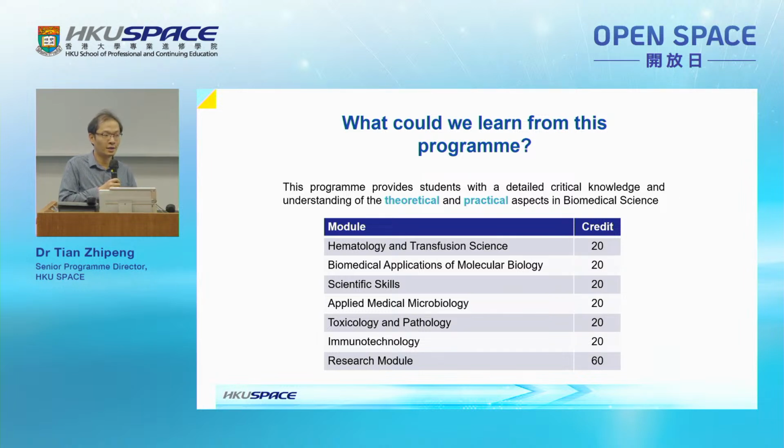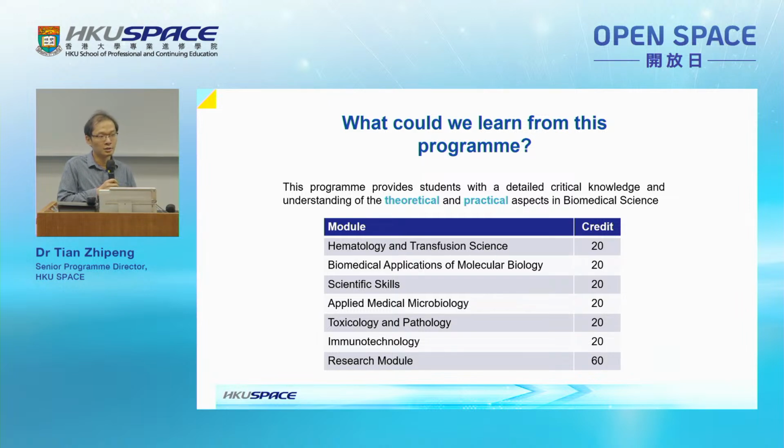We have hematology and transfusion science, which focuses on those aspects related to blood. And we also have biomedical application of molecular biology. It covers the molecular techniques, their application in current diagnosis, as well as biological research.